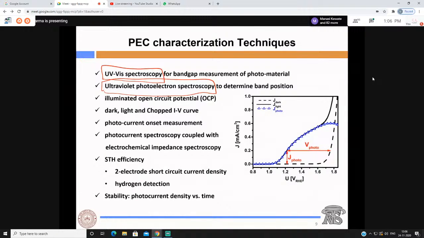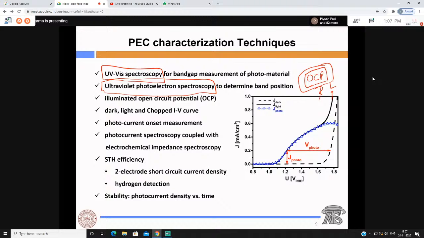We connect the material through the whole circuit, and then we do cyclic voltammetry, and we find out the OCP, the open circuit potential, in the dark condition and light condition. If the OCP changes between dark and light, it is a clear indication that the material is photoactive. This is the first proof that we can proceed further with this material.